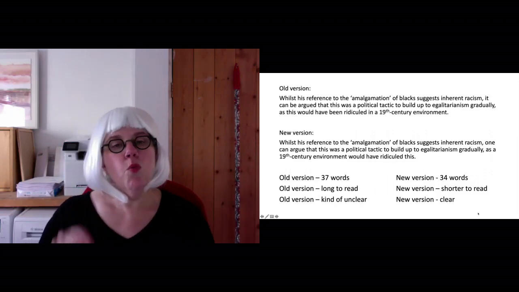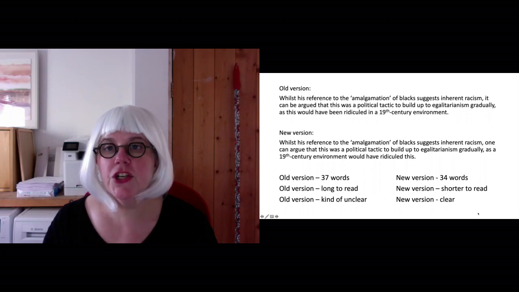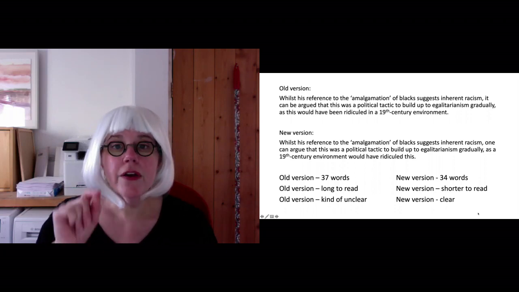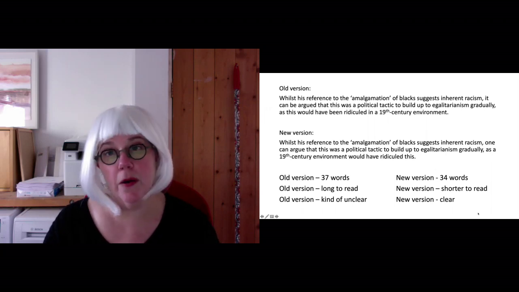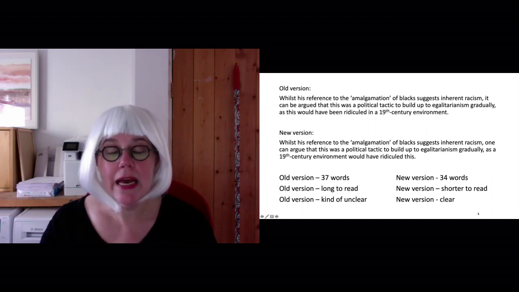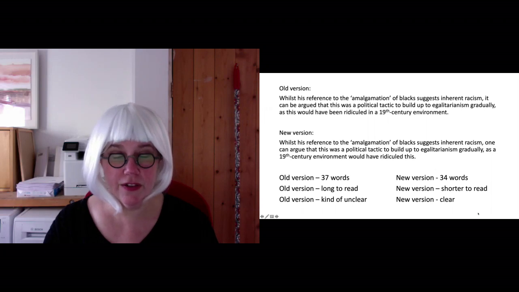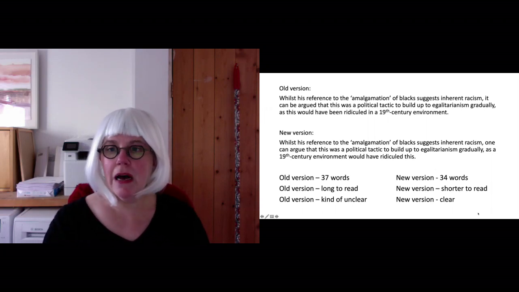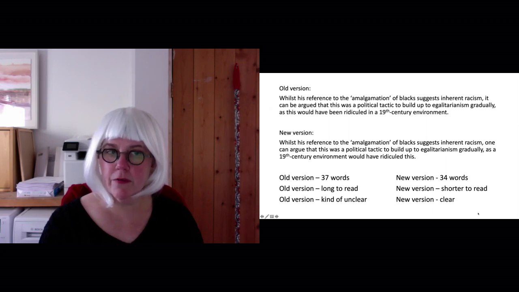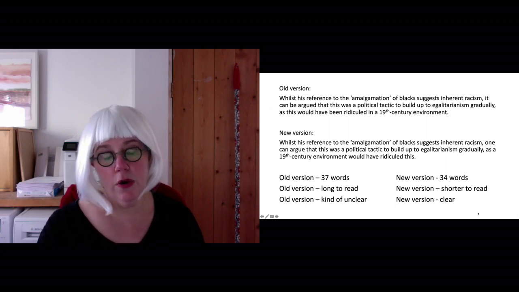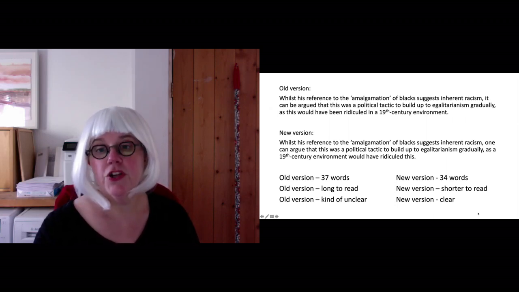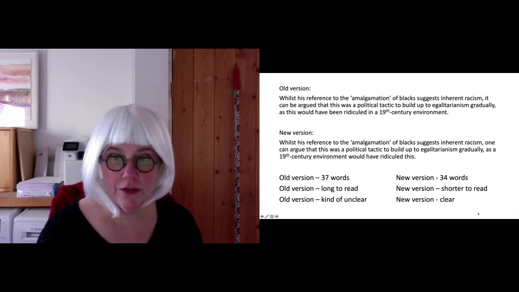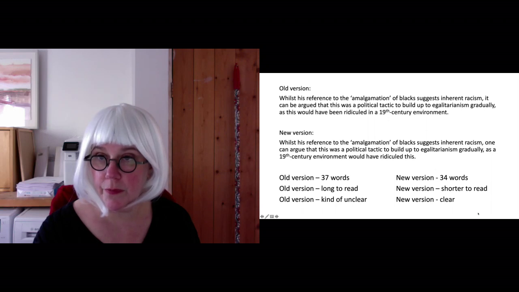Old version: Whilst his reference to the amalgamation of blacks suggests inherent racism, it can be argued that this was a political tactic to build up to egalitarianism gradually, as this would have been ridiculed in a 19th century environment. New version: Whilst his reference to the amalgamation of blacks suggests inherent racism, one can argue that this was a political tactic to build up to egalitarianism gradually, as a 19th century environment would have ridiculed this.